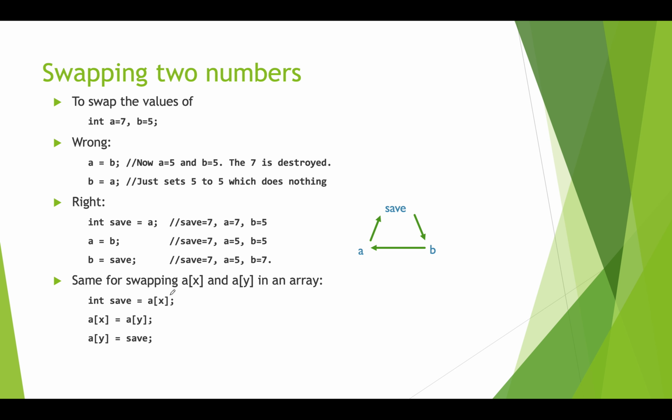So this is how we swap values in an array, again, using a temporary variable to store one of those values.